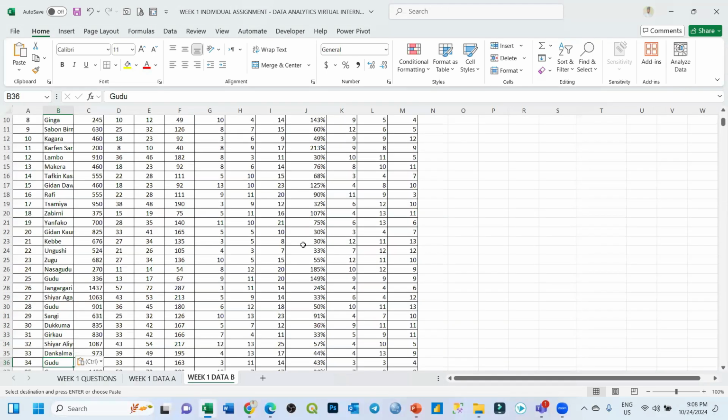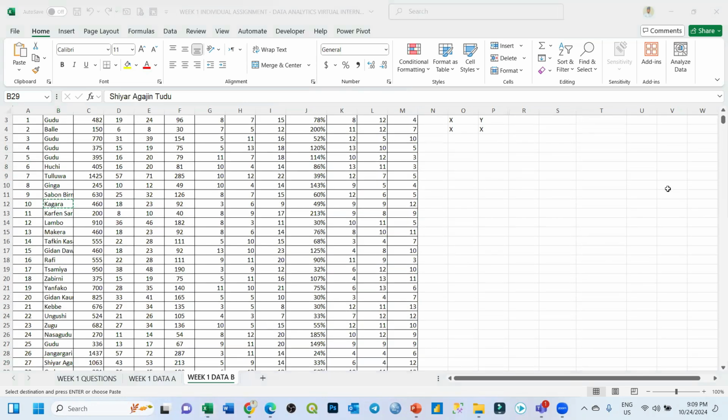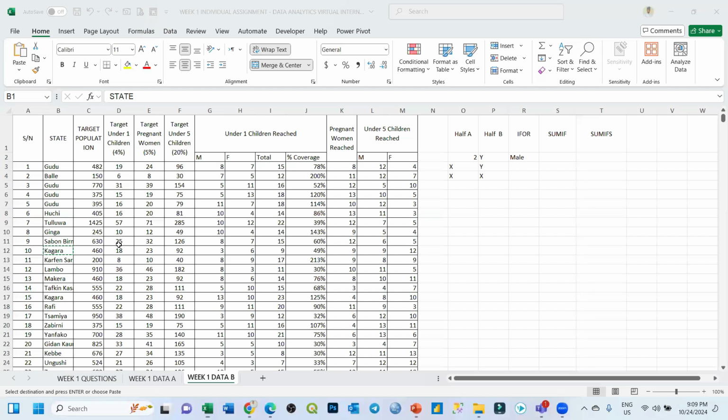Let's take another one, Kagara. I'm doing something and I will show you why. Let me paste this Kagara the way I want. So that's it, we use this for our SUMIF.